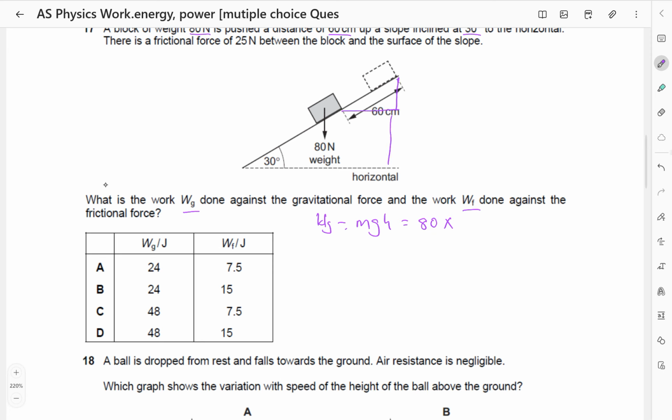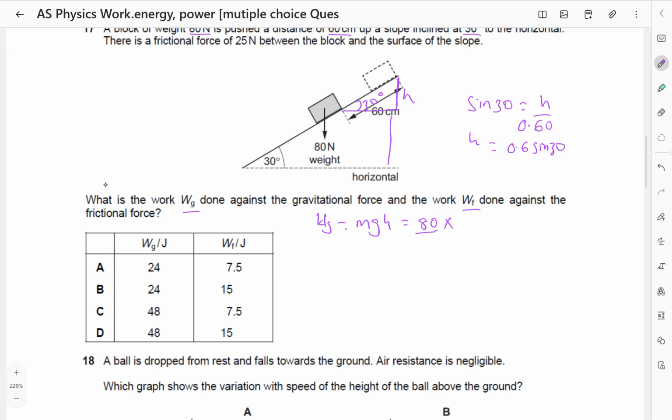from this point to this point, we can find h. This angle is 30 degrees. So sine of 30 is equal to h over 60, which is 0.6 in meters. So h is equal to 0.6 sine of 30.